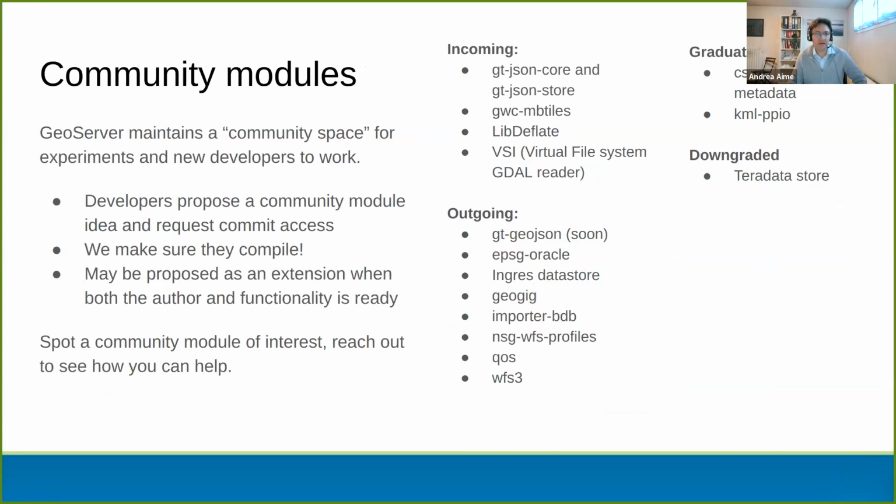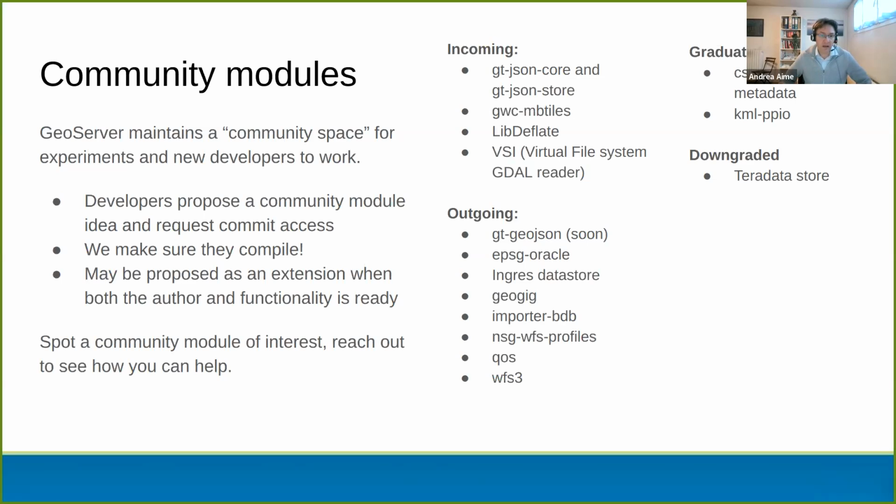GeoServer also maintains a set of community modules. Community modules are modules that, well, they are either newborns or they never managed to get to extension status. Typically, developers propose community modules to share an idea, to start working on a concept, and we only make sure that they compile.